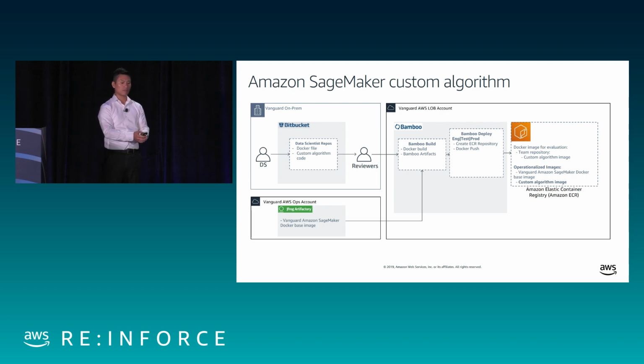So now they have to copy the Dockerfile and the custom algorithm code, put it into Bitbucket, and go through their review process. We're also creating the template for the Bamboo build plan and deployment plan. The Bamboo build plan can build that Dockerfile, build the Docker image, and push it out to the test, engineer, and production ECR repositories.